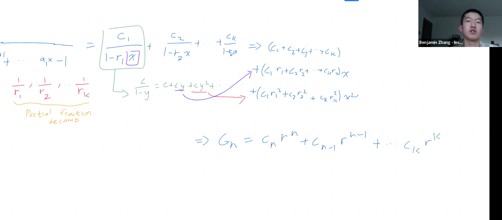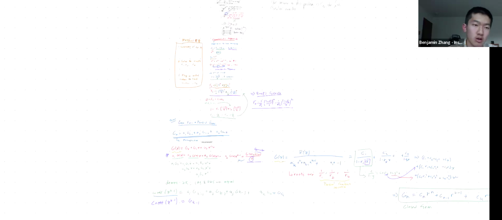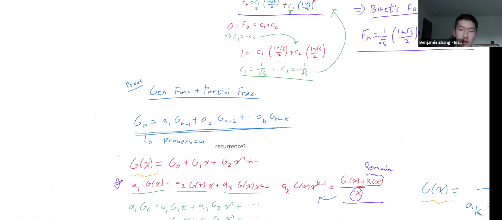This is exactly the closed form. So this just shows why this method works, why characteristic polynomials work for all linear recurrence relations.